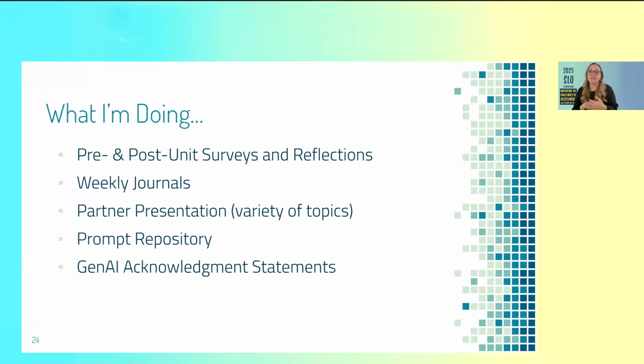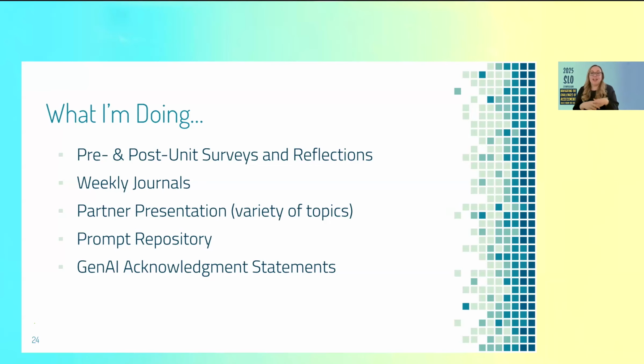Excuse me. And throughout the class, one thing that we're doing is that whenever a student uses generative AI, they are expected to use a GenAI acknowledgement statement. So we have some guidelines around what that means, around what a GenAI acknowledgement statement should entail, and they're being held accountable to actually making sure they do that. Now, am I putting their journal reflections through a Turnitin AI detector?